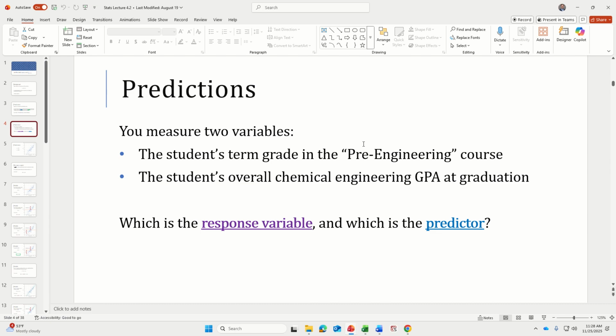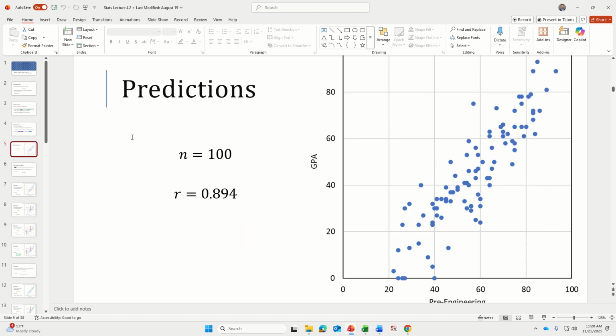And then they set kind of a minimum GPA standard at graduation, translated that into a minimum GPA standard for the pre-engineering course, and they used that to not allow people into the engineering program.